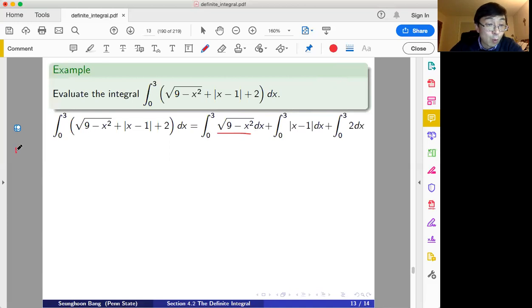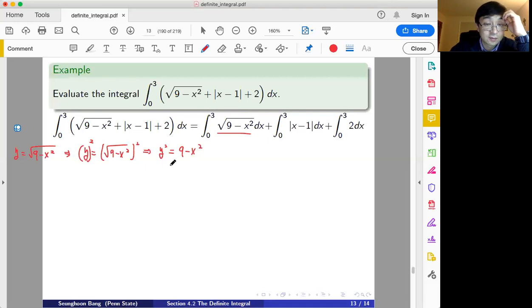So we have y equals square root of 9 minus x squared. This is exactly the same as this. Square both sides, so we have y squared equals 9 minus x squared.